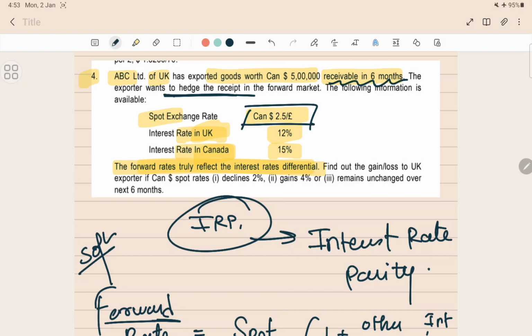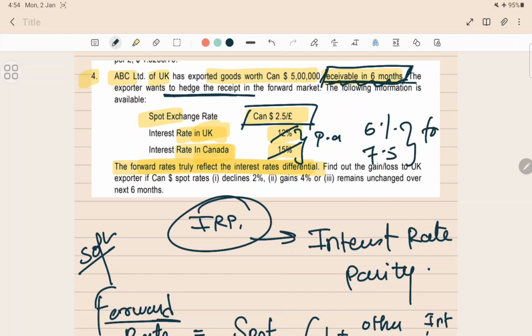Now, should I take 12% and 15% respectively for UK and Canada, or should I take 6% and 7.5%, that is the equivalent interest rate for 6 months? These are per annum, we need them only for 6 months because we are hedging for 6 months, right? So here, rather than taking these, I will take 6% and 7.5% for 6 months.